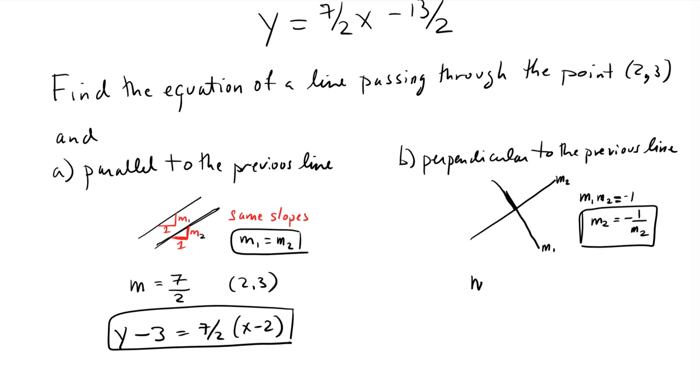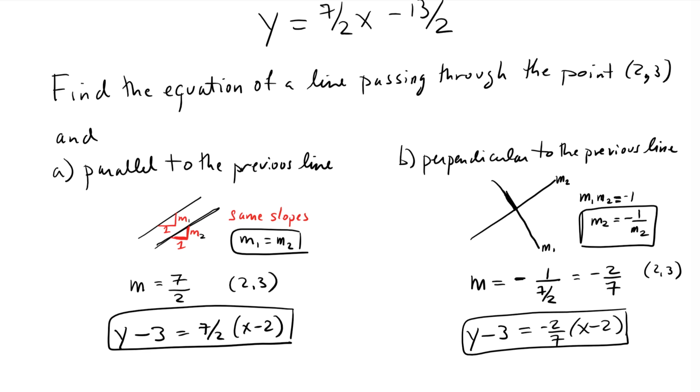In this case, what's our slope here? It's going to be the negative of the reciprocal of the previous slope. So the reciprocal of 7/2 is going to be 2/7. Essentially, you flip the numbers. So I've got a slope, I've got a point, I'm done. y minus 3 is minus 2/7 times x minus 2. So those are pretty easy questions to answer.